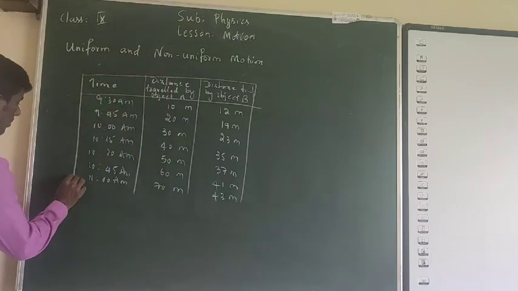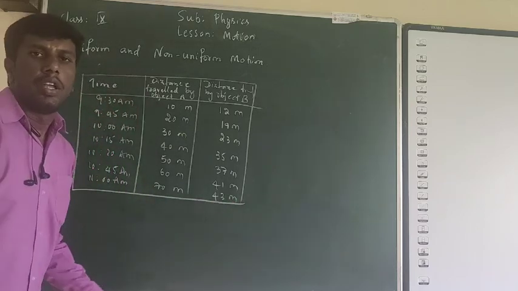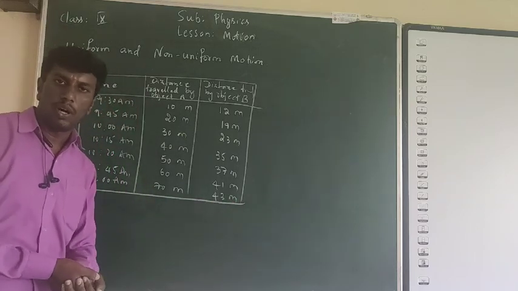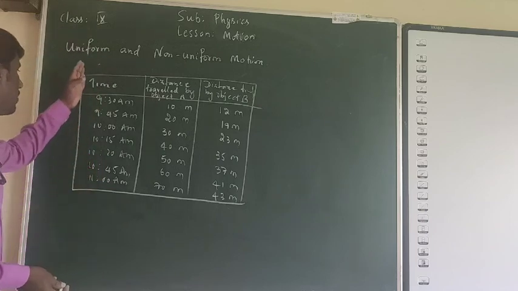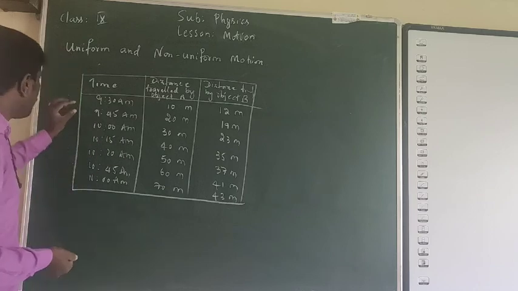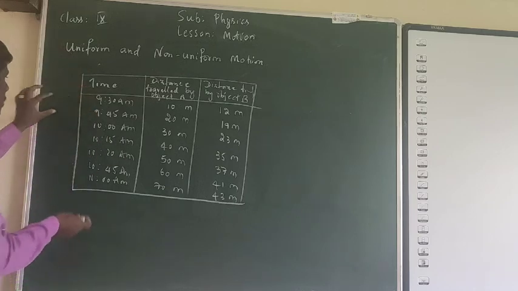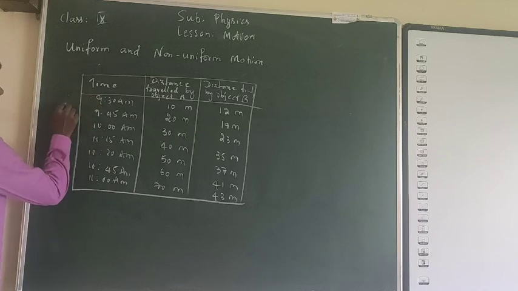So this is a table to distinguish which is uniform motion and which is non-uniform motion. Observe the time first, whether it is having the equal interval of time or not. It is starting from 9:30 to 9:45. What is the difference? Difference is 15 minutes.